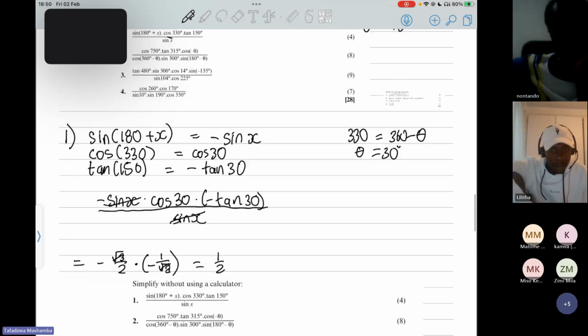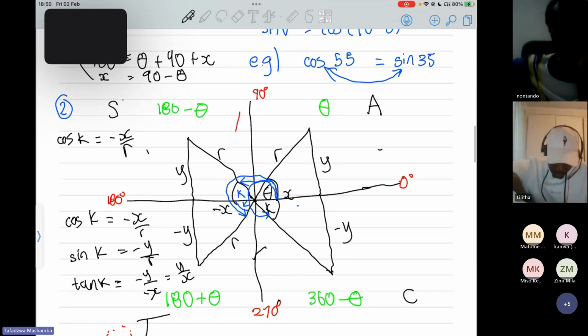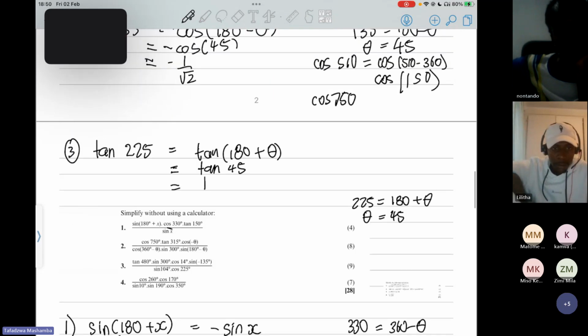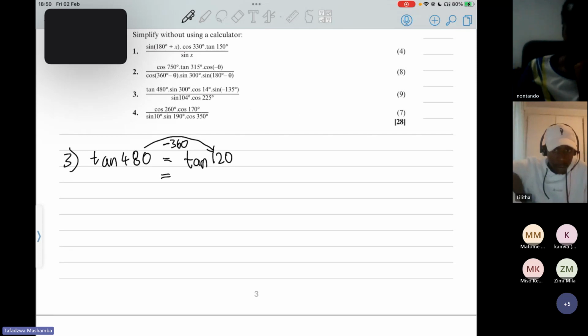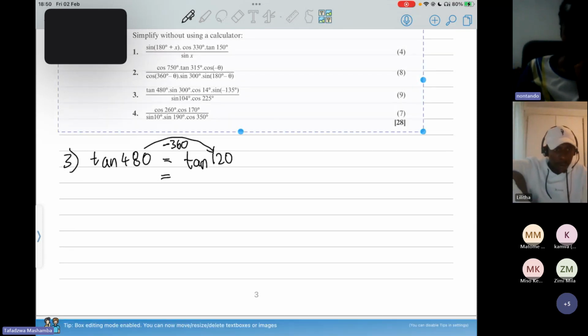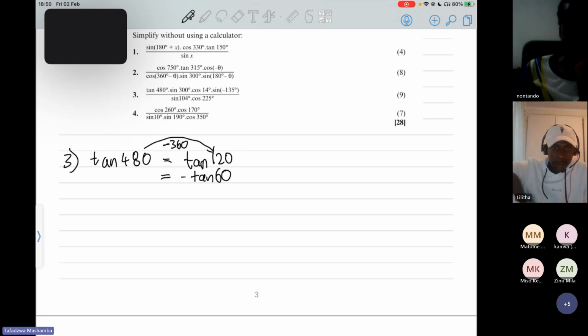By the 120, we know which quadrant it is in, it's in the 90 to 180. But remember, tan is negative in that quadrant. So immediately, I'll rewrite this as negative tan of 60.